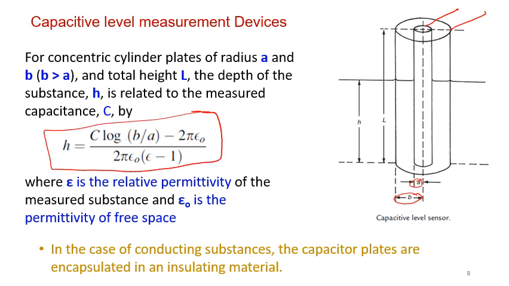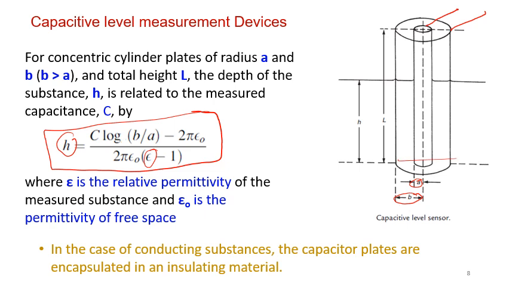What is the actual relation we want? It's the relation between H and epsilon, where epsilon is the relative permittivity. Epsilon is affected by the material between the two plates, the liquid whose height we need to measure.